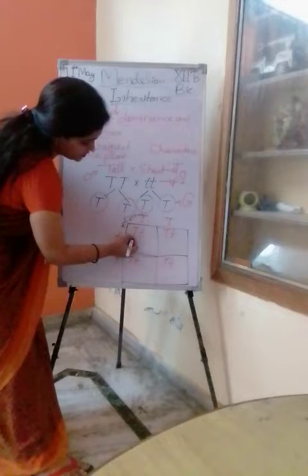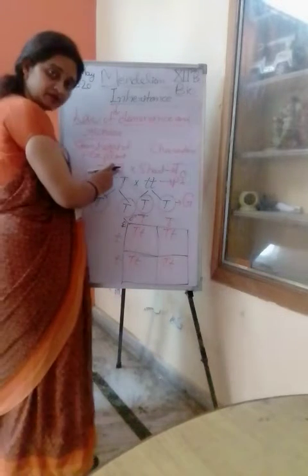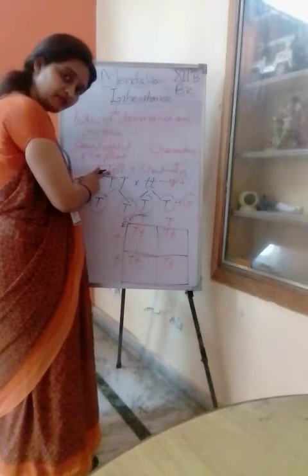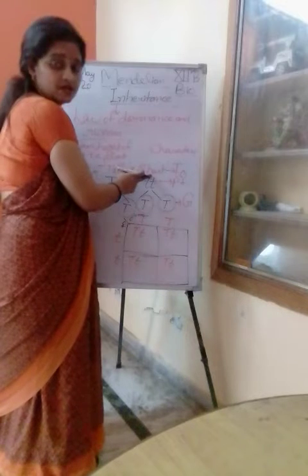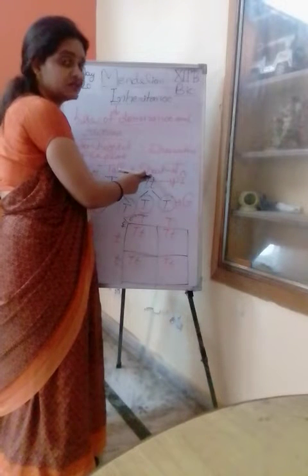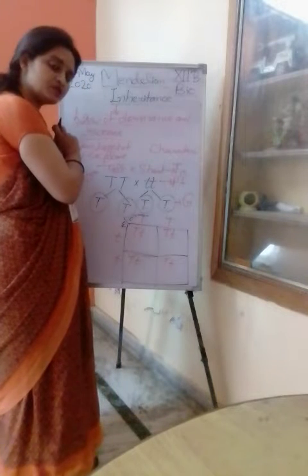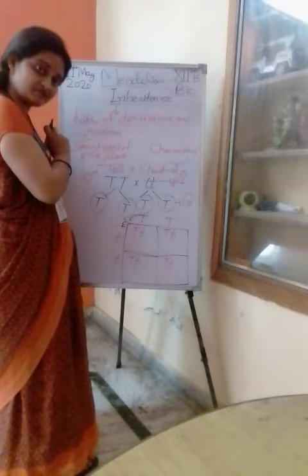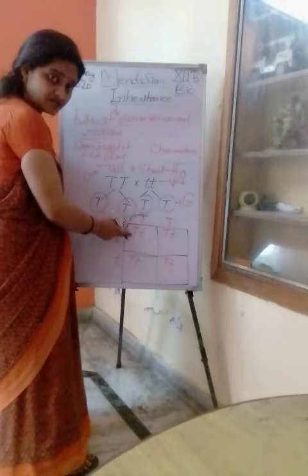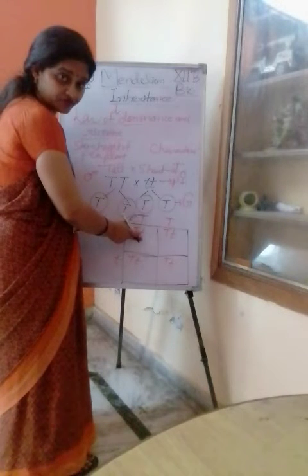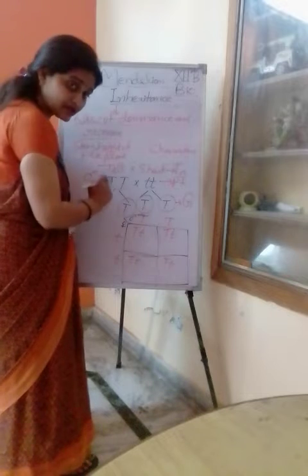Now, do you know that tall is the dominant trait because it expresses itself, and short is the recessive trait because it does not express itself. It means that according to this law of dominance and recessive, the tall trait hides the recessive trait. So what will we get?